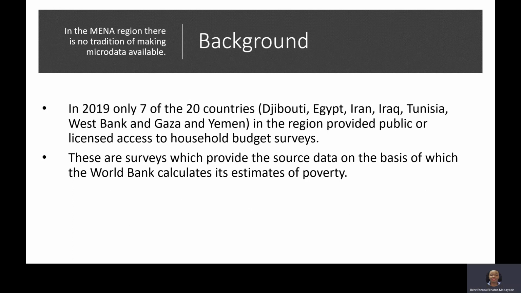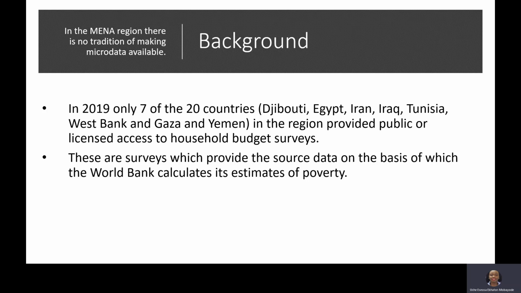Why is this work important? And why do we even focus on microdata? First of all, microdata access is a very important component of transparency and data openness in general. Microdata in itself is important to researchers in development who use this data to enrich development research as well as calculate different statistics.